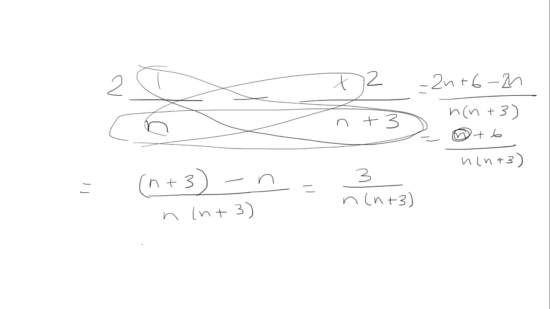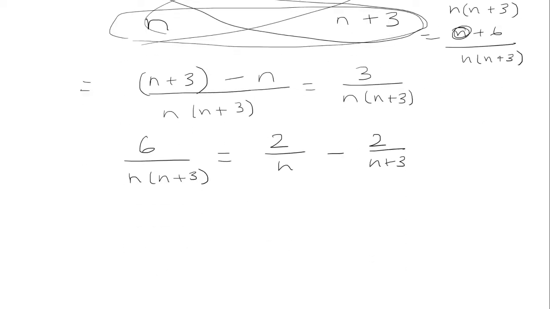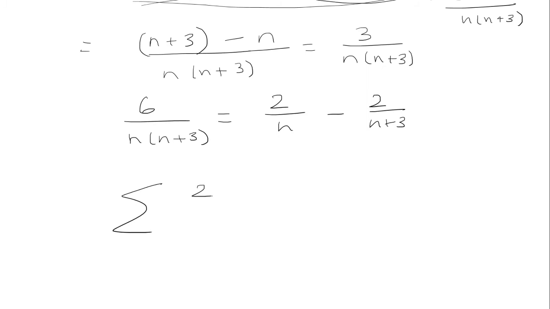Okay, so what this comes down to is 6 over n times n plus 3 is the same thing as 2 over n minus 2 over n plus 3. So now we simplify this, and we can find the sum of this. And there's a couple things that we have to notice, but first, this goes from n equals 1 to infinity.